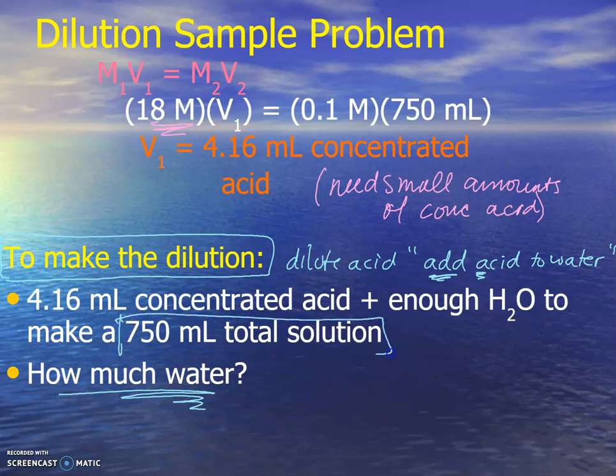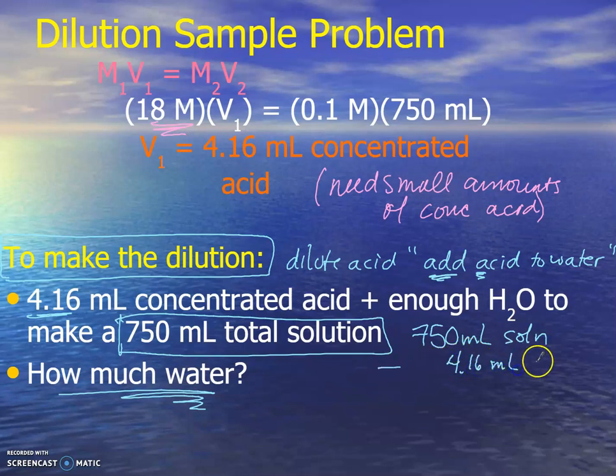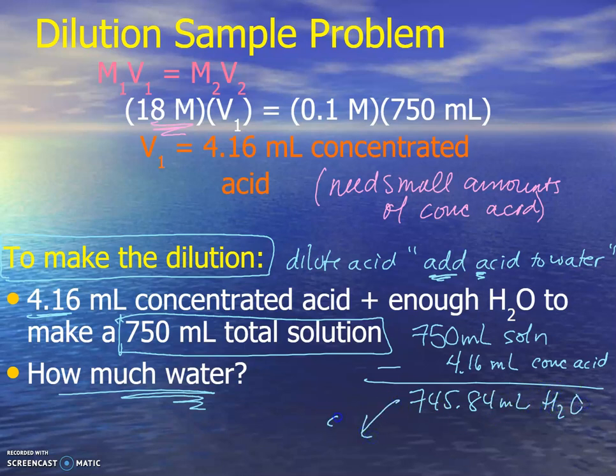If we are going to make 750 milliliters total, we need to subtract the 4.16 milliliters. So 750 milliliters of the solution minus the 4.16 milliliters of my concentrated acid means that 745.84 milliliters of water go into the flask or the beaker first.